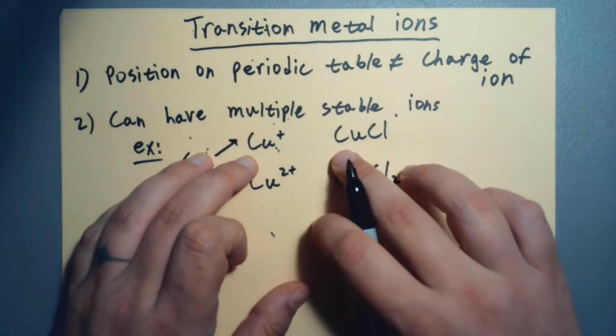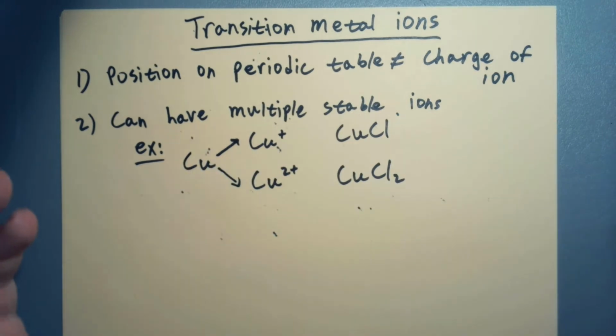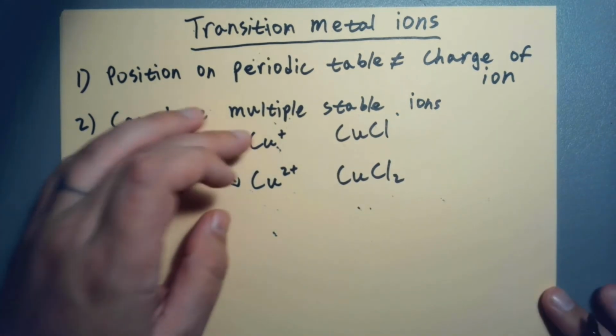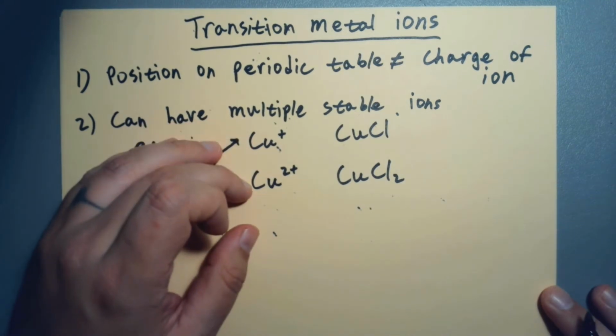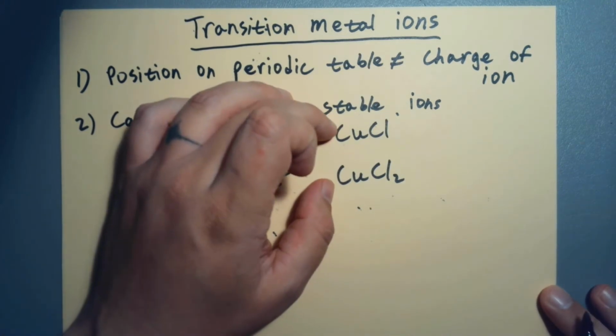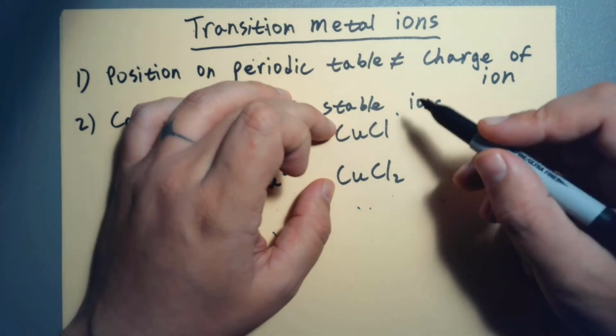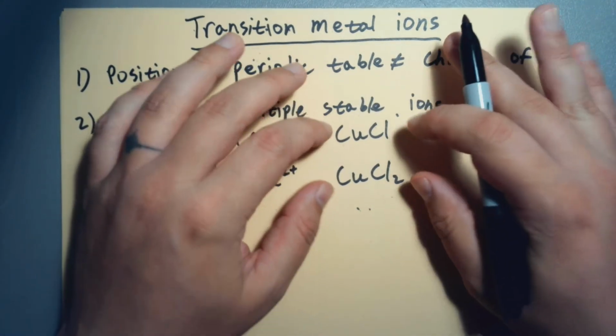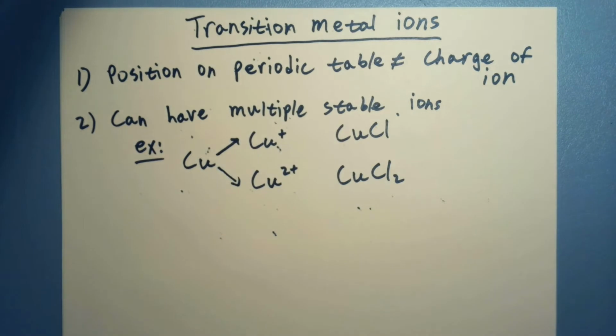But over here, it's just 1 to 1, +1, -1. That zeroes out the charge. So what do we call these? I can't call this the copper ion and this the copper ion, right? Because then I'd have copper chloride. Well, which copper chloride are we talking about? I need one name, one compound. You have to be able to play a game of telephone with this. So, we develop a system.